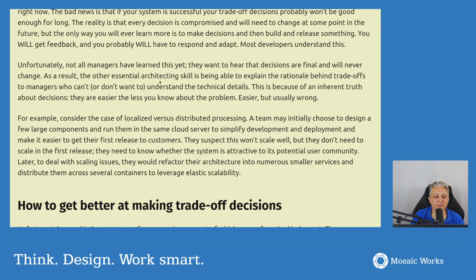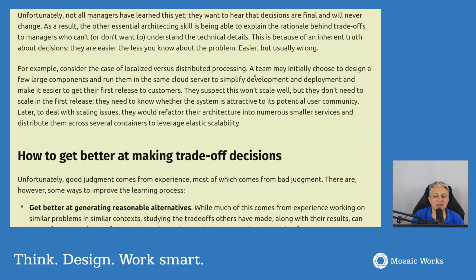You will get feedback and you probably will have to respond, and most developers understand this. Unfortunately, not all managers have learned this yet. They want to hear that decisions are final and will never change. As a result, the other essential architecting skill is being able to explain the rationale behind trade-offs to managers who can't or don't want to understand the technical details.